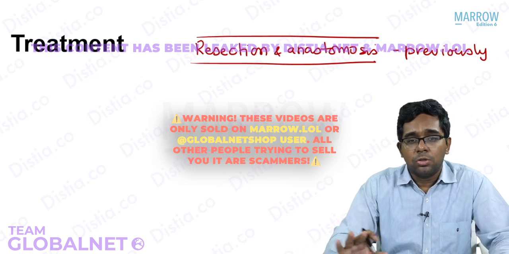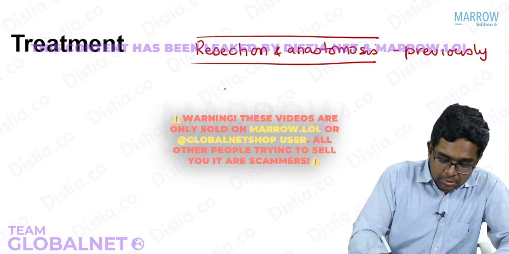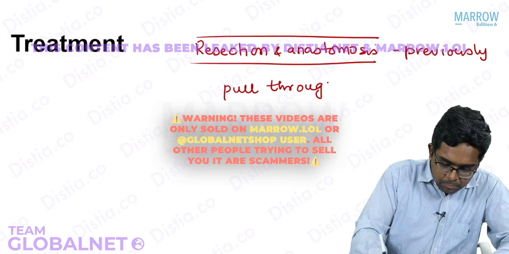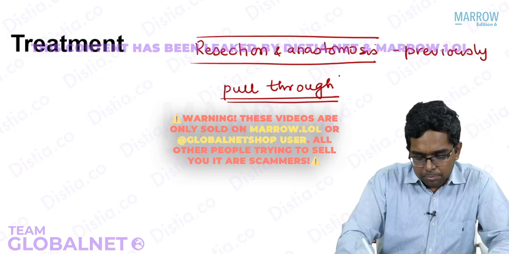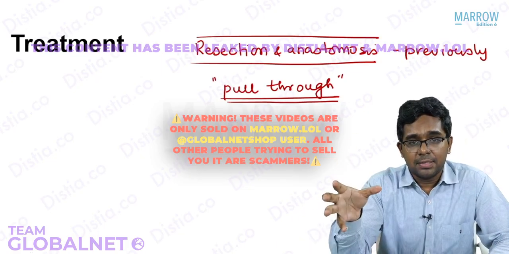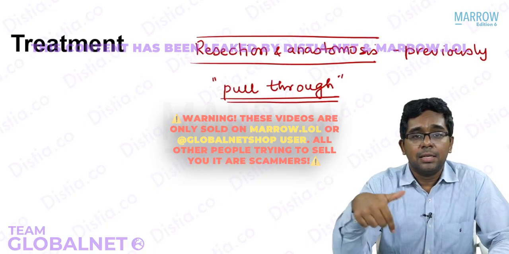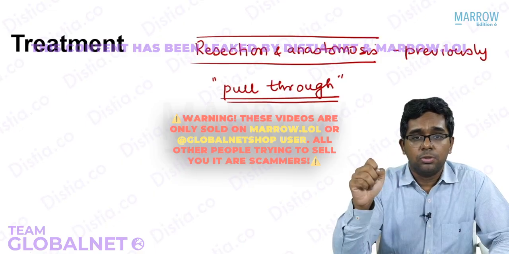However, that is not the procedure which is done nowadays. What is now done is called a pull-through procedure. What is this pull-through procedure? You pull the normal part of the intestine through the aganglionic part and attach it to the last part of the intestine, that is the anus.